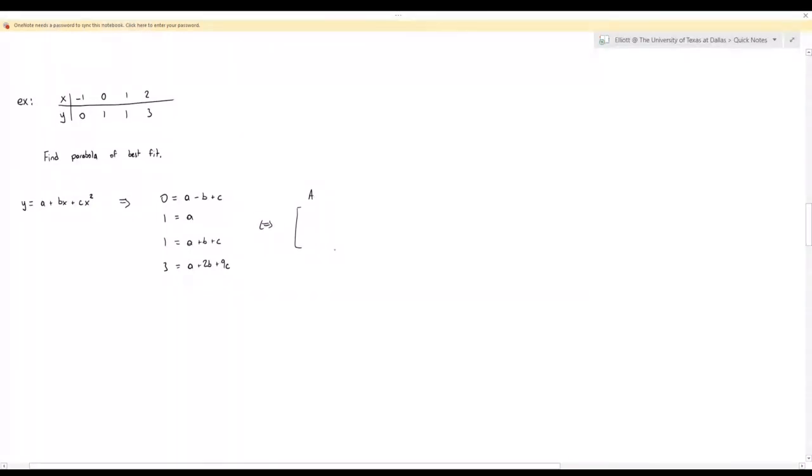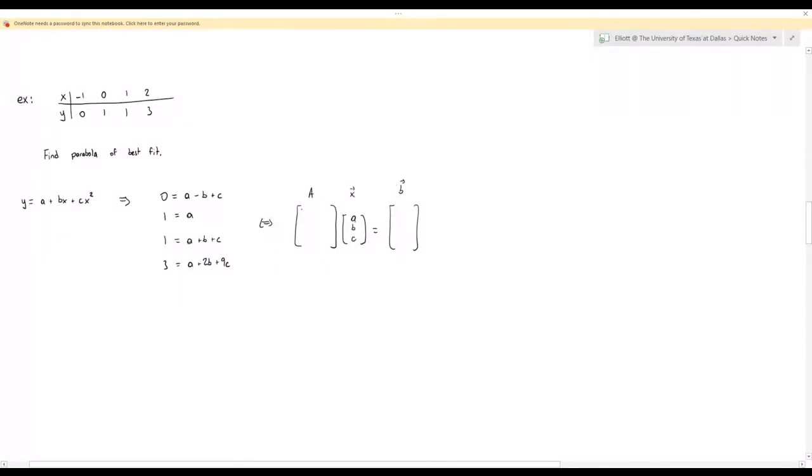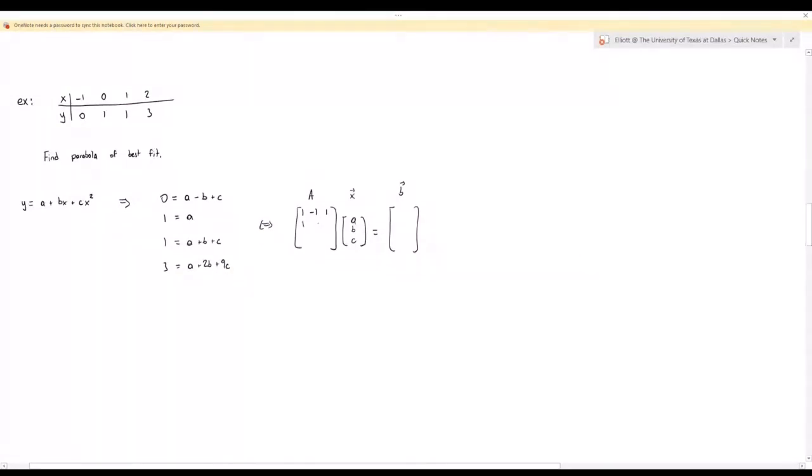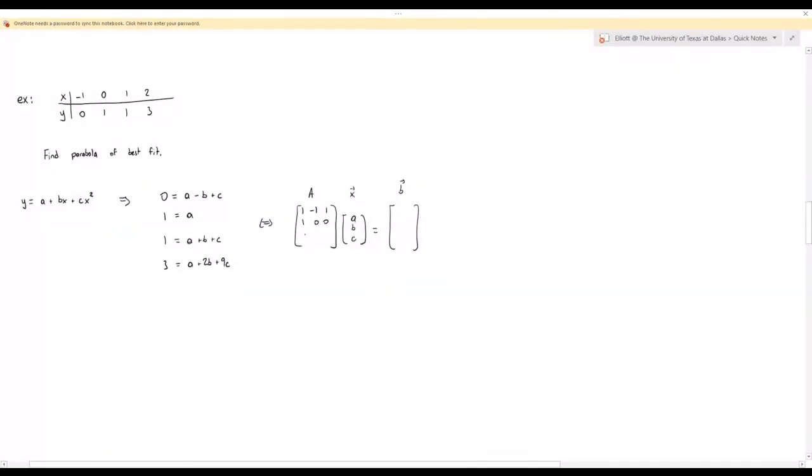So here we have 3 unknowns, a, b, c. The coefficients were 1, -1, 1 from the first equation, 1, 0, 0 from the second equation, 1, 1, 1, and 1, 2, 4. And on the other side, we had 0, 1, 1, 3 for b.